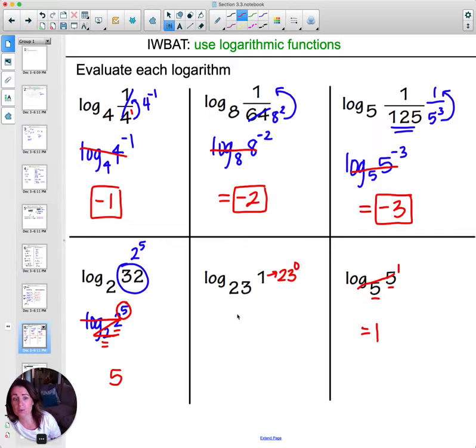So log base 23 of 1 is equal to 0. Let me write it like this: log base 23, and instead of 1, we're going to put 23 to the 0 because that's the same as 1. Then those would cancel, and you'd get back 0. So it's all about trying to write them in the same base.